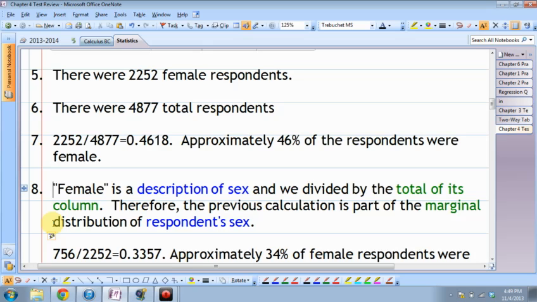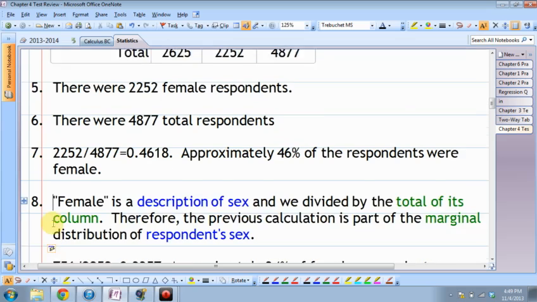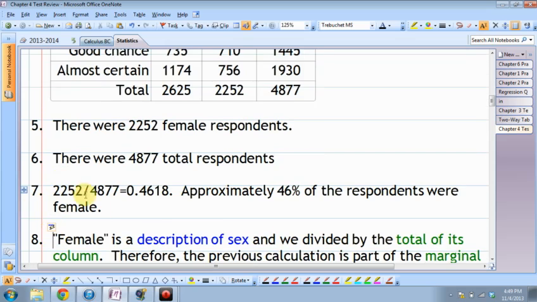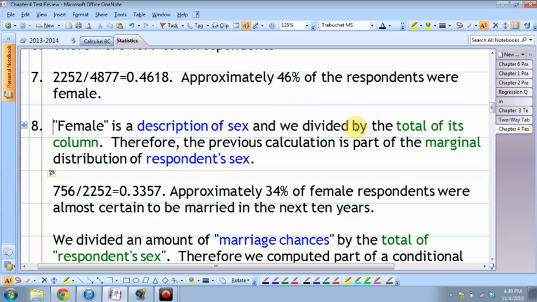Question 8. The percent in 7 is part of which distribution? Well, we're dividing a total, right? A total of the column. Oh, we've divided by a grand total, right?